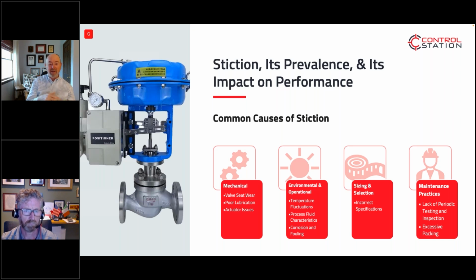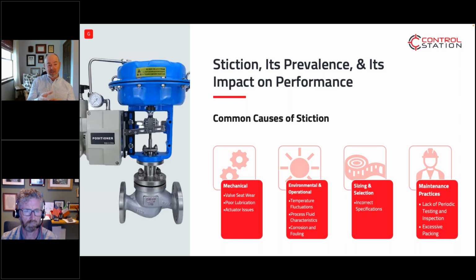It can be lubrication, and as Damien referred to before, valve packing is a really significant cause of stiction in valves, especially in these days of dealing with fugitive emissions requirements. So what do people do when you have a significant amount of fugitive emissions? They go out to the valve and tighten down on the packing a bit, try to compress it a bit and prevent leakage from coming out the valve stem.